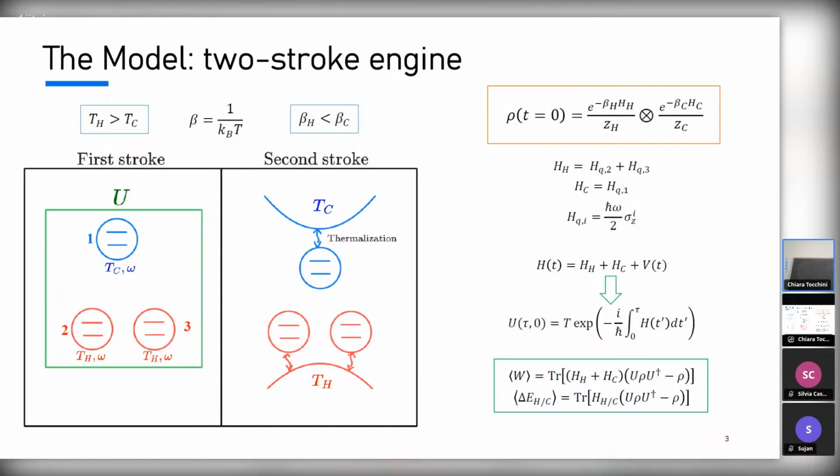After the driving is turned off at time tau, we have the second stroke in which the 2 subsystems are let thermalize again with the respective baths, and they go back to their initial temperature, Tc and Th. So the cycle can start again.